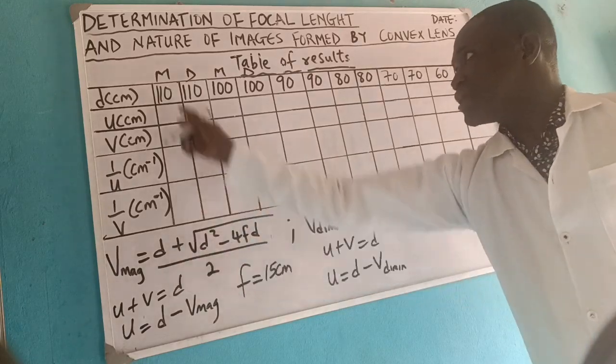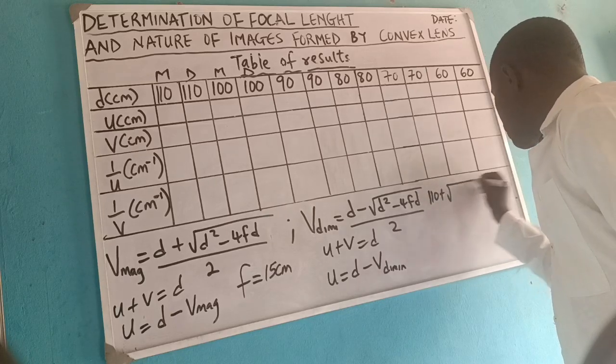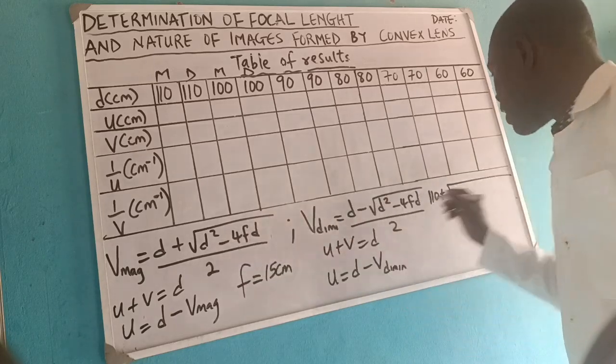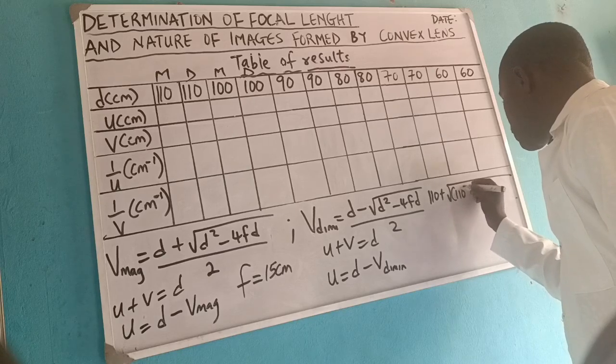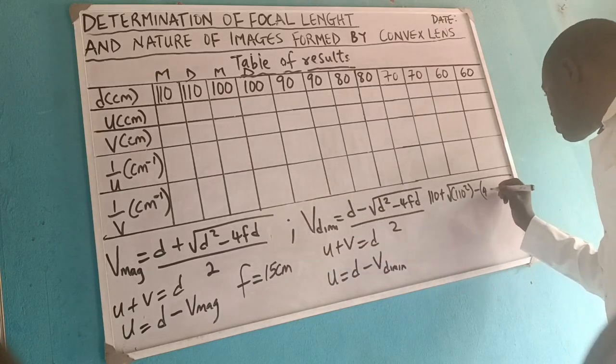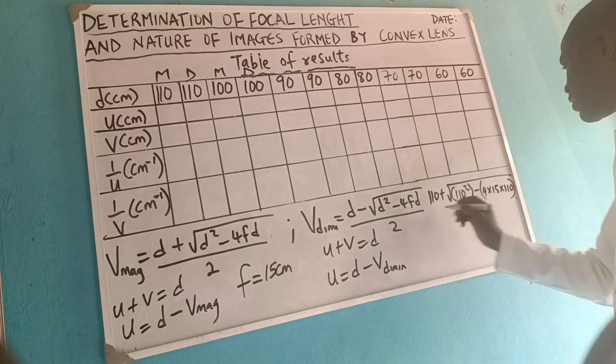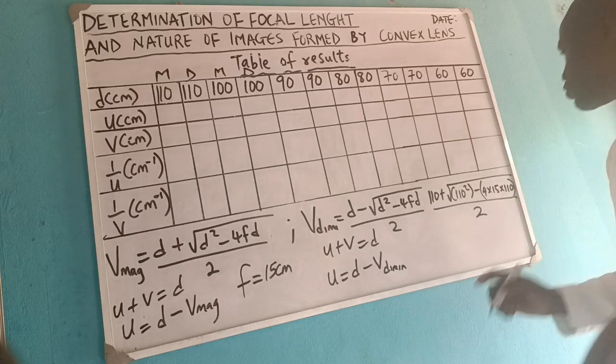Our d for the first one is 110 plus square root of 110 squared minus 4 times 15 times 110, all over 2.